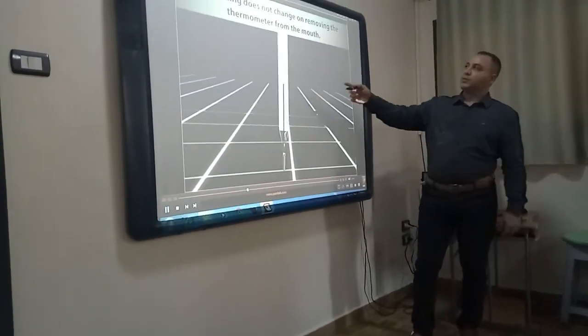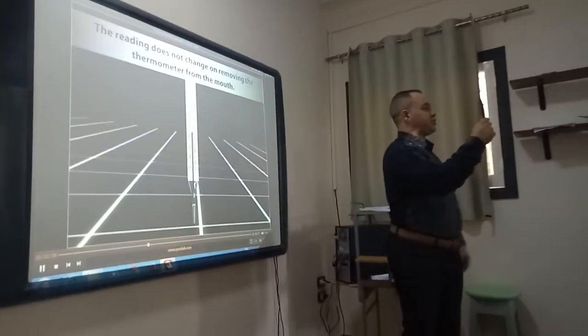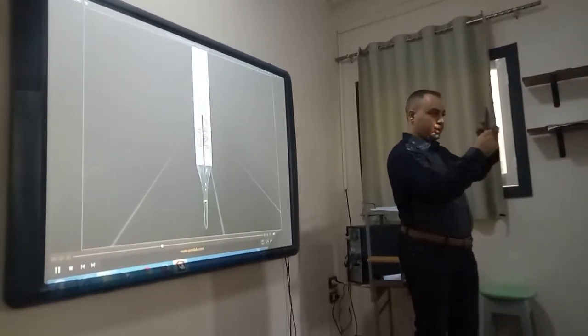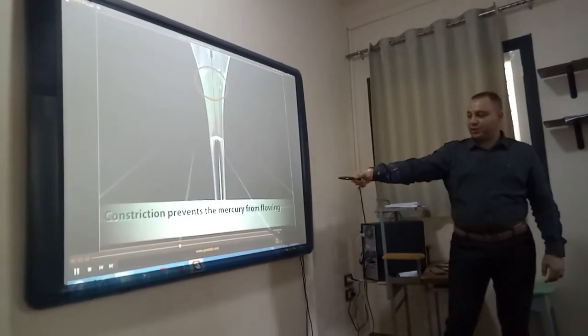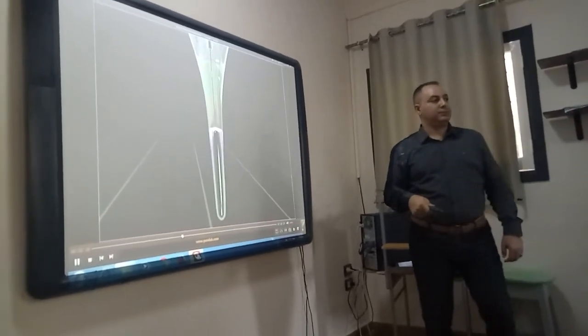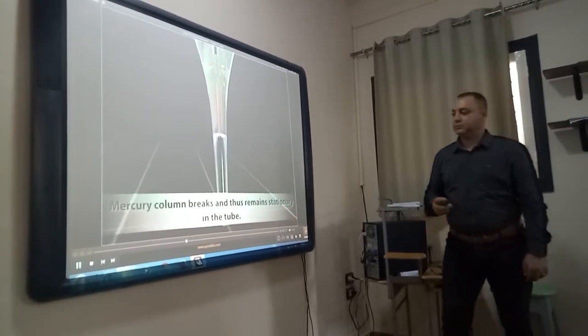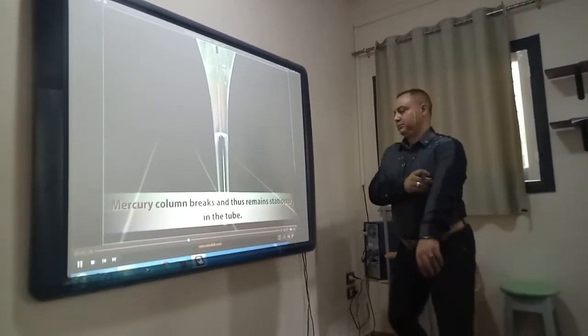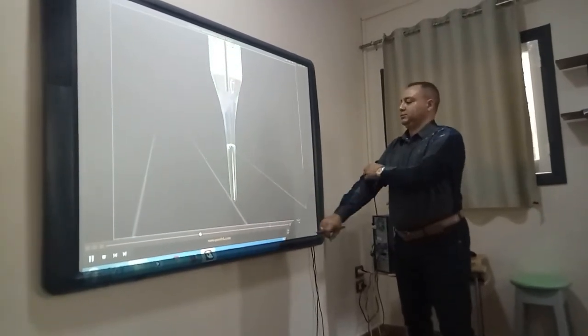We can read it by holding it in a vertical position. The constriction prevents mercury from falling back quickly. The mercury column breaks at the constriction and is unable to return to the bulb, thus remaining stationary in the tube.